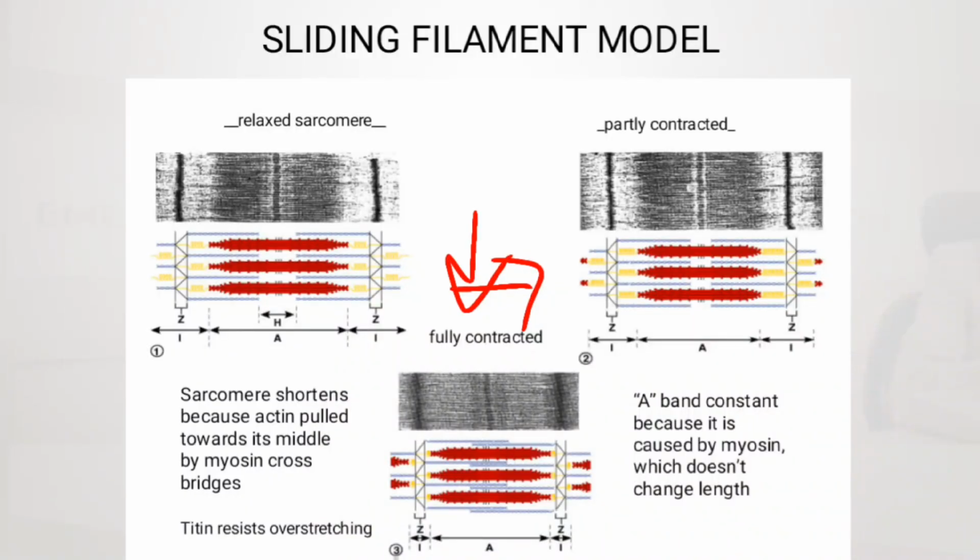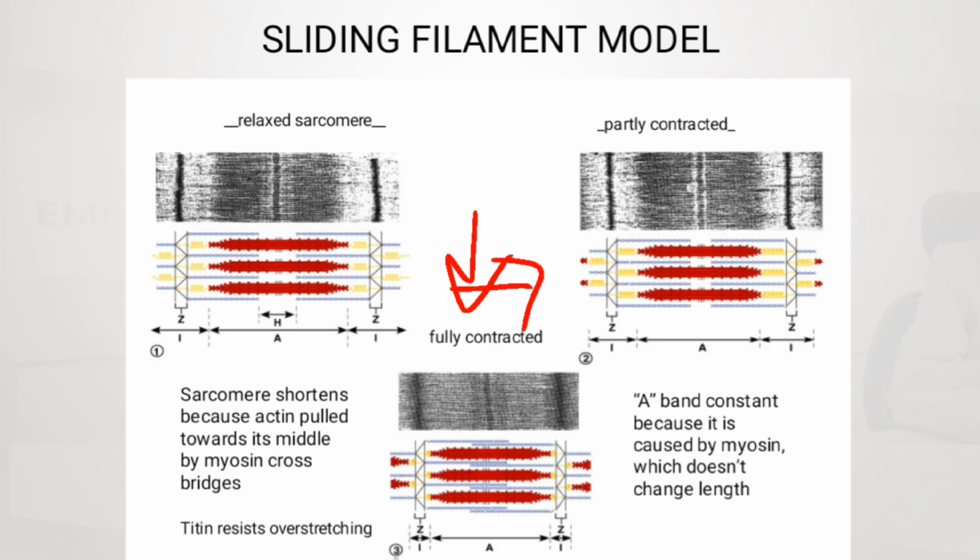As you can see, the A band is now going to become more visible, and the H band is not necessarily going to be very visible. Then the I bands are going to cover up most of the bigger spaces. That's under the fully contracted one.